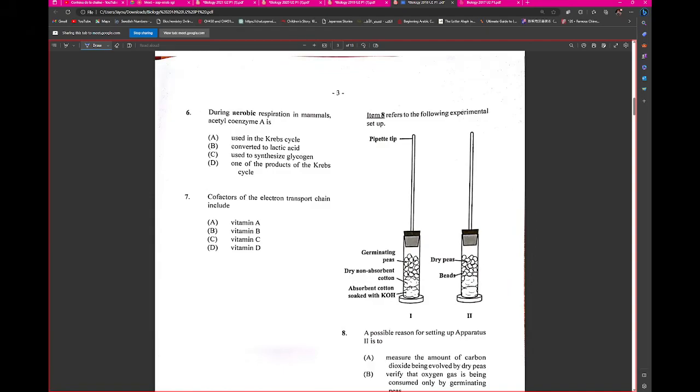6. During aerobic respiration in mammals, acetyl coenzyme A is... aerobic respiration. So what is it? Is it used in the Krebs cycle?